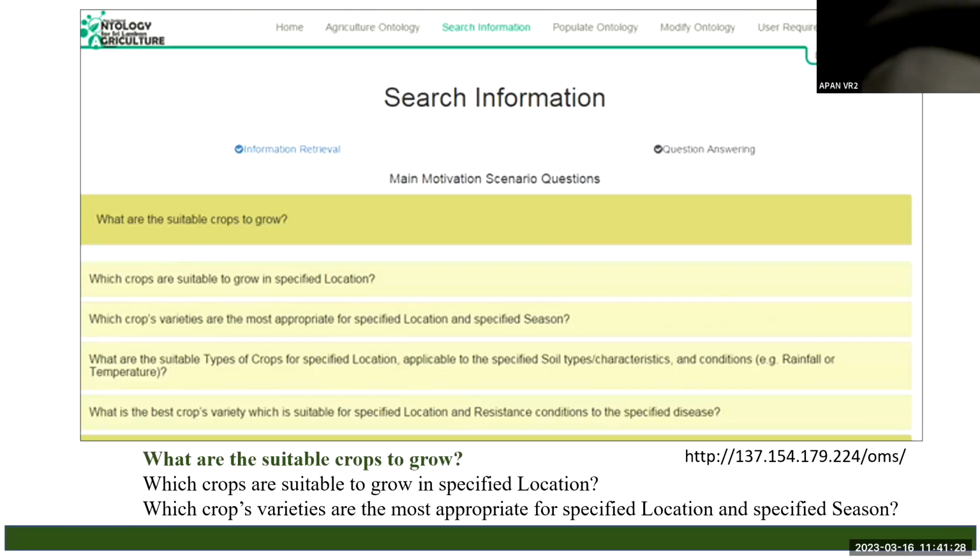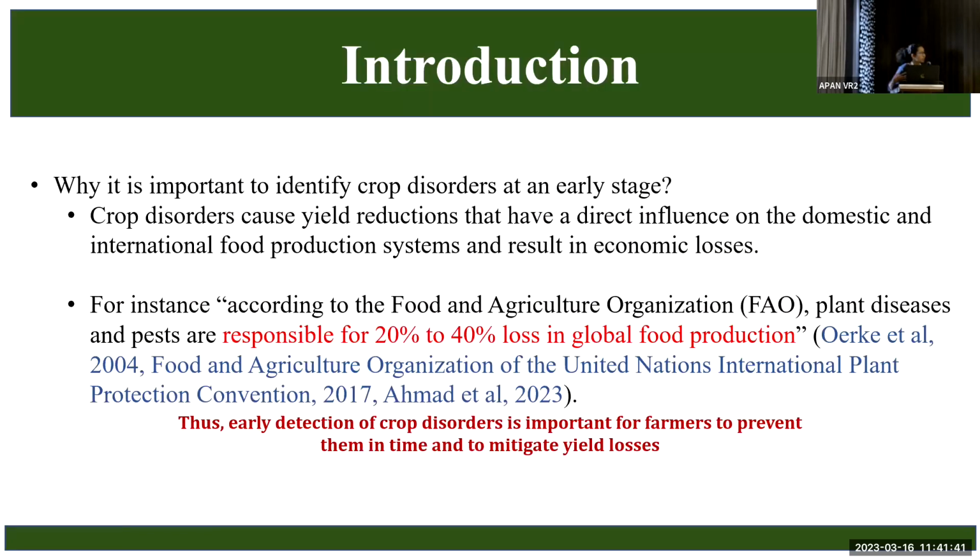Now our application in practice. In the current situation not many farmers are using this application, but there is a high tendency to use it, as we observe, especially to access the crop disorder details. As you may be aware, accessing crop disorder details and prevention methods at an early stage is very important, because crop disorders cause yield reduction that has a direct influence on the domestic and international food production system and results in economic losses.